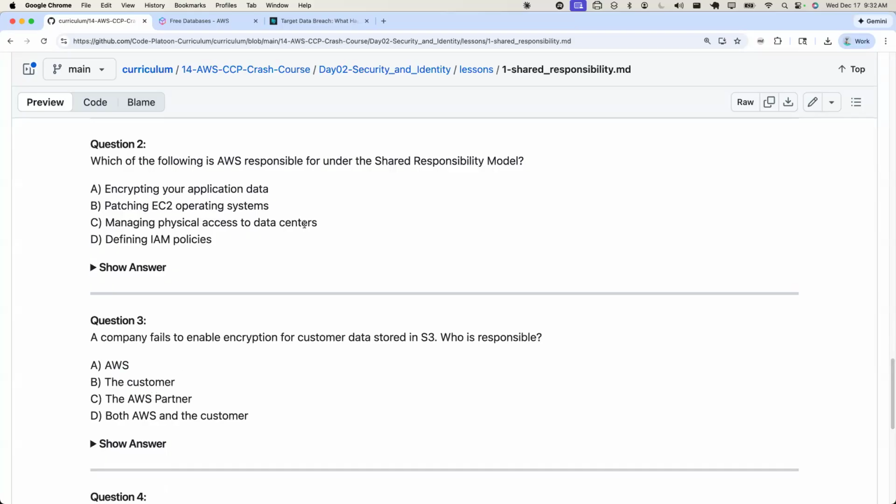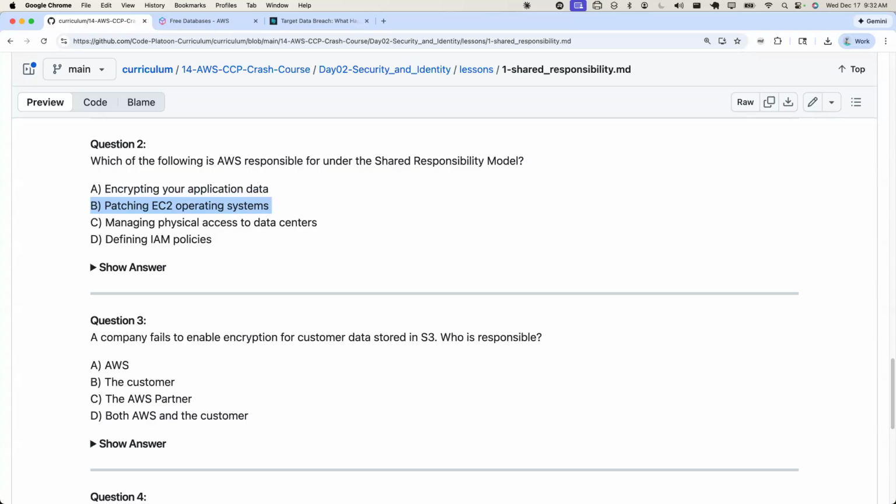So which of these is AWS responsible for? Is AWS responsible for encrypting my application data? What do we think? Yes or no? No. Cricket, I saw you shaking your head as well. I agree. That's our job. Is AWS responsible for patching an EC2 operating system?